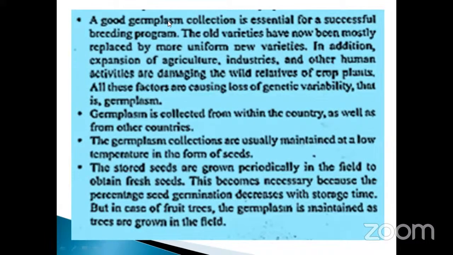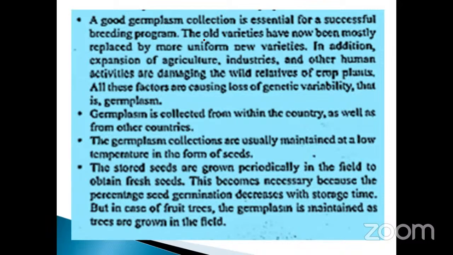A good germplasm collection is essential for a successful breeding program. You have to select the variety. You cannot select bad quality seeds. The old varieties have now been mostly replaced by the more uniform new varieties.